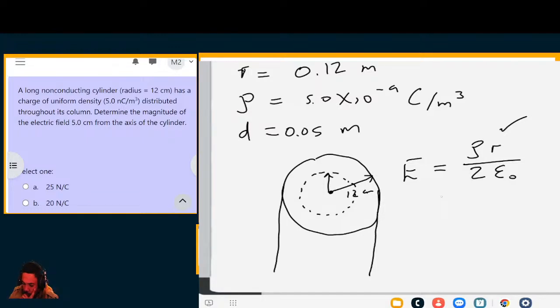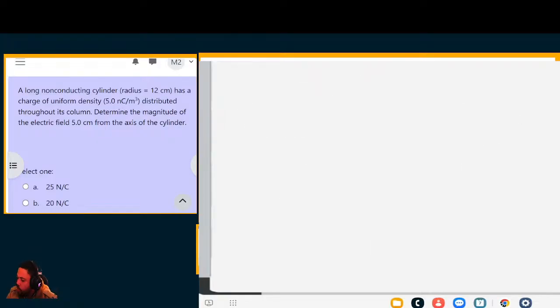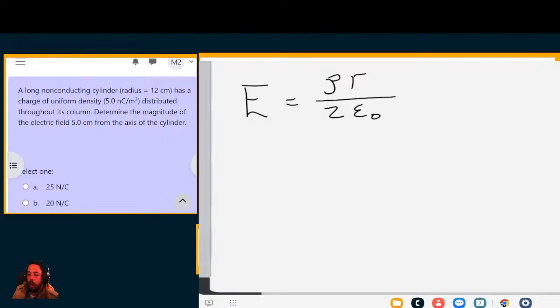So, let me rewrite the formula. You understand you want it inside this non-conducting cylinder. The formula would then be rho multiplied by the distance it's away from the center divided by 2 E naught. Now we know what rho is.